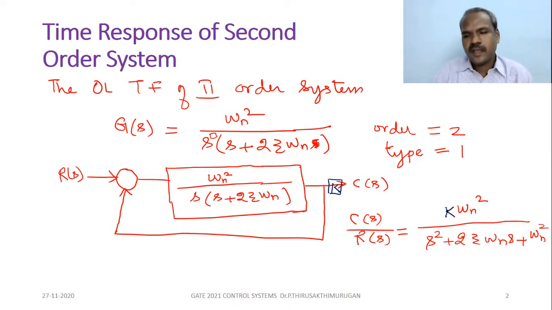So k omega n square divided by s square plus 2 zeta omega n s plus omega n square. Clear?